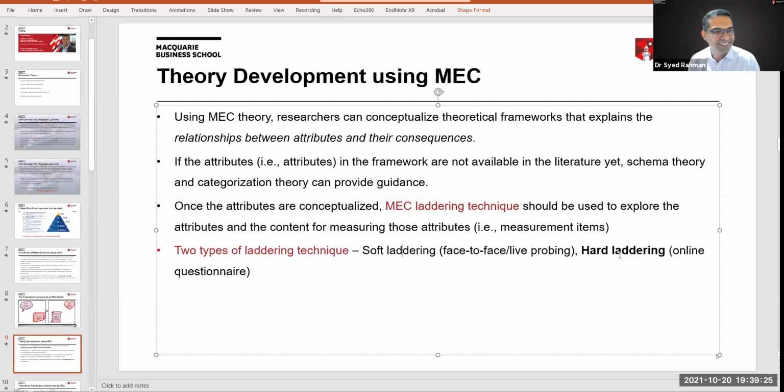No Qualtrics for online data collection, or Google Forms. So they had to interview people face to face over a coffee or lunch and go through the process. That was the standard laddering process.